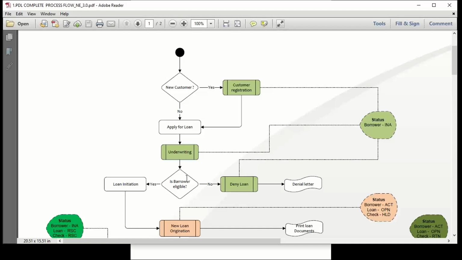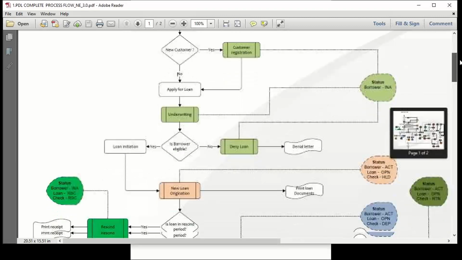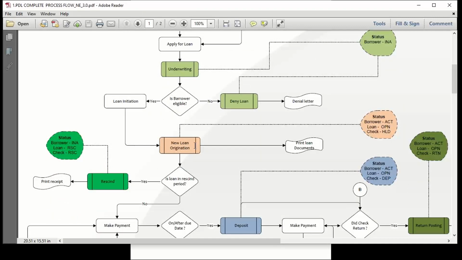If he is eligible, we process the loan initiation and a new loan is originated and disbursed. After the new loan is disbursed, when the borrower comes to repay the loan, we check whether the loan is in the recent period or not.